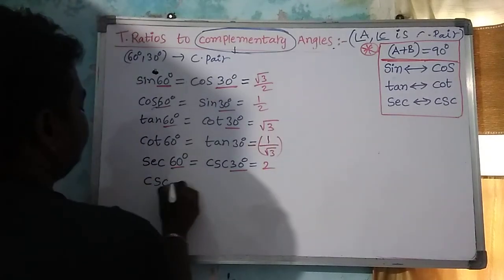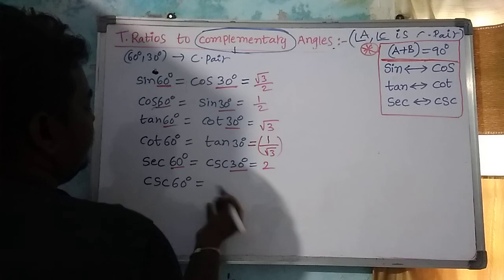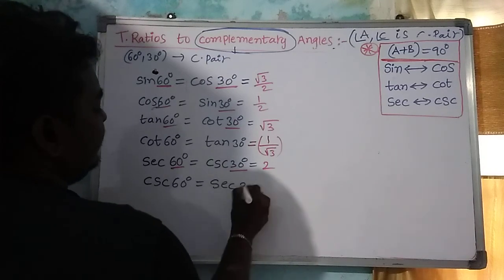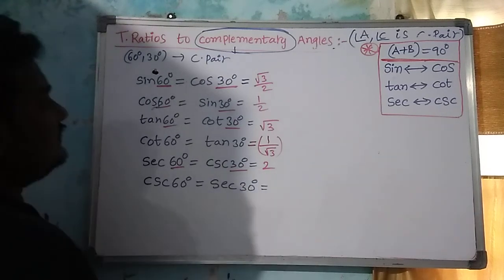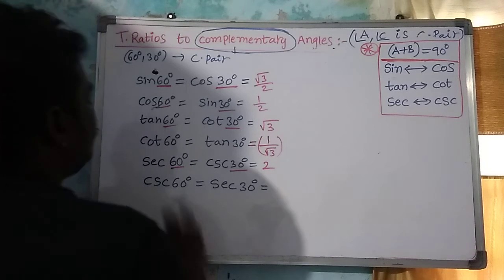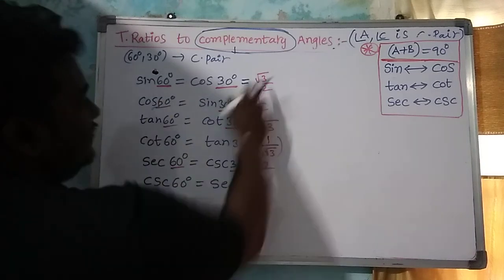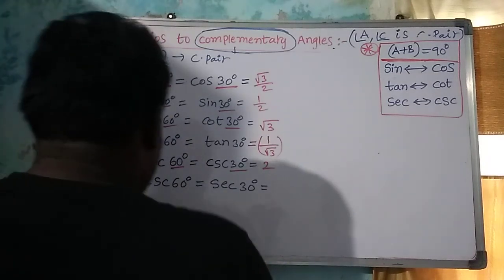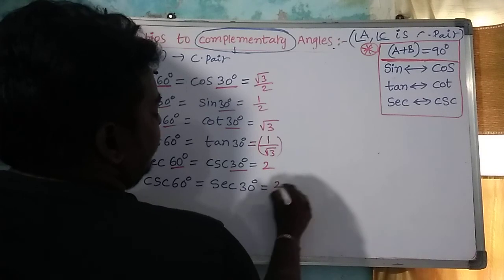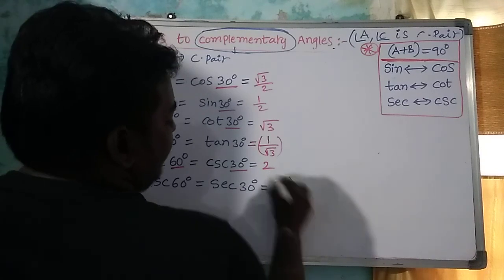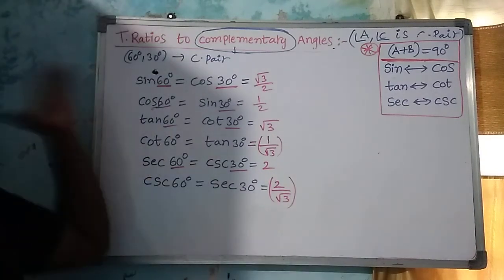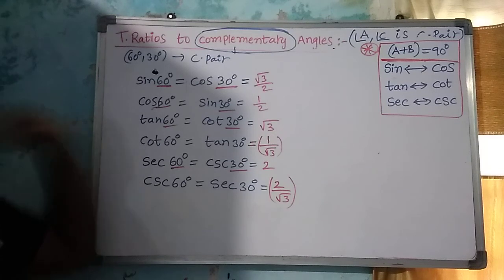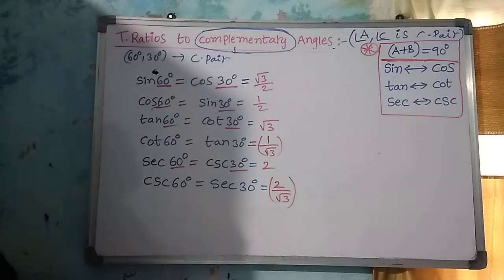Cosecant 60 equal to, I can say, secant 30. Cosecant 60 is a reciprocal of sine, that is root 3 by 2. So I can say 2 by root 3. Nicely we have found a relationship between them, which makes our life simple.